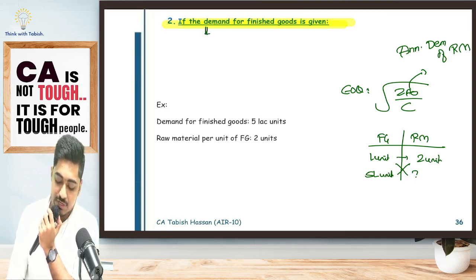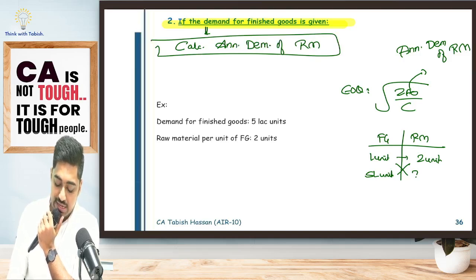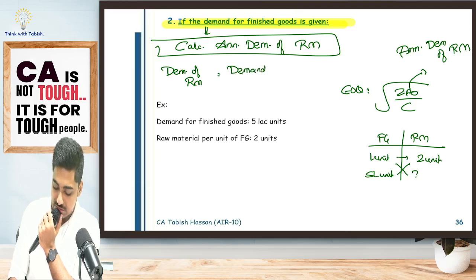If demand for finished goods is given, calculate the annual demand of raw material. I want the annual demand of raw material. So how can I do it? Demand of raw material is equal to demand of finished goods into raw material required per unit of finished goods.